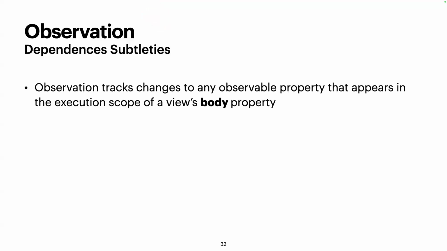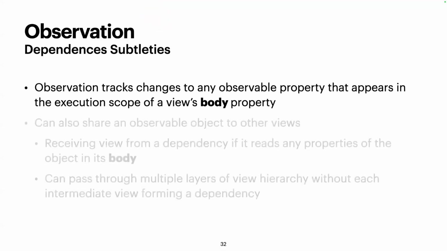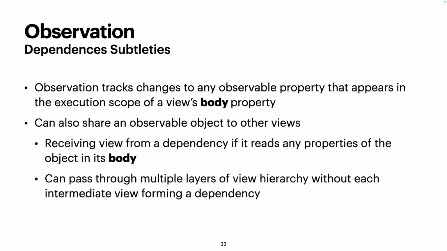Observation tracks changes to any observable property that appears in the execution scope of a view's body property. It can also share an observable object to other views. So you could pass an observable object to, for example, a subview. And the receiving view forms a dependency if, again, it reads any properties of that object in its body. And you could pass that Book, since it's observable, through multiple layers of view hierarchies.